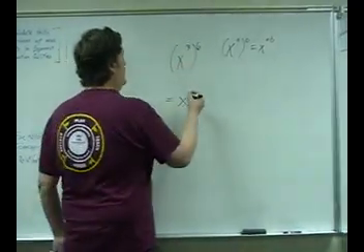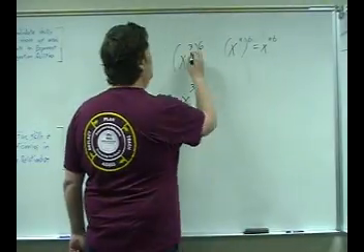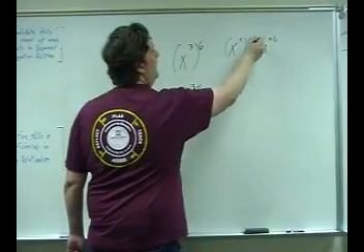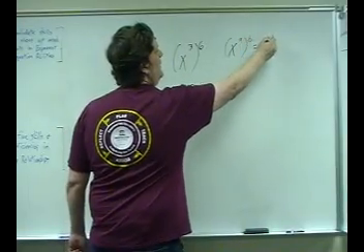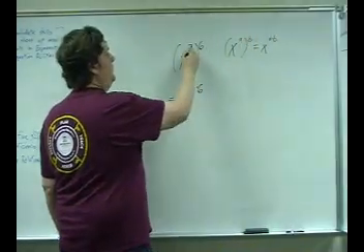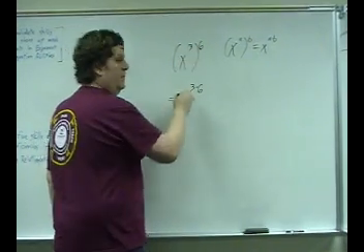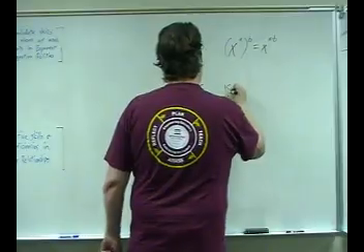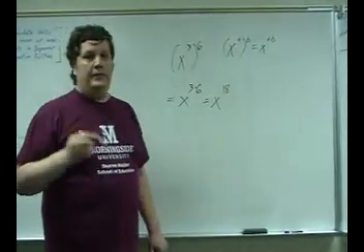So that gives me x to the 3 times 6, because it's a times b. 3 times 6 gives me 18, which is equal to x to the 18. That's the correct final answer.